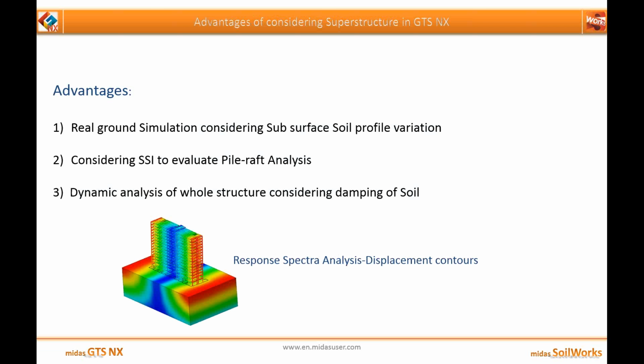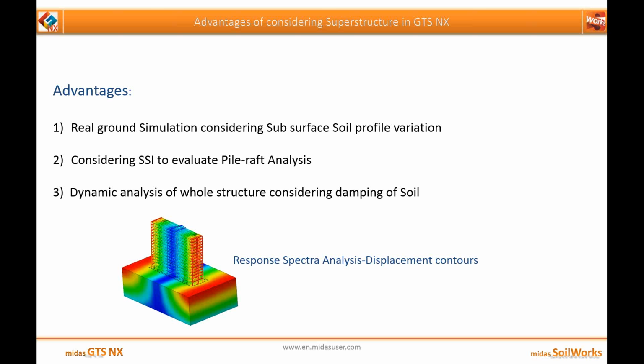What are the advantages of considering the superstructure in GTS NX? The first advantage is that now you have a real ground simulation considering the subsurface soil profile variation. If you have some small soft ground layer or a small patch of soil, that could also be considered, giving you a real simulation of what you want to consider.